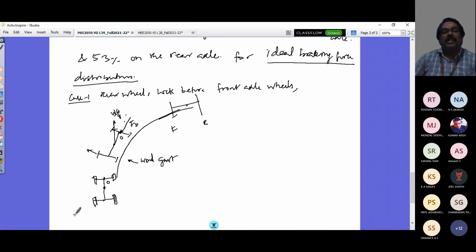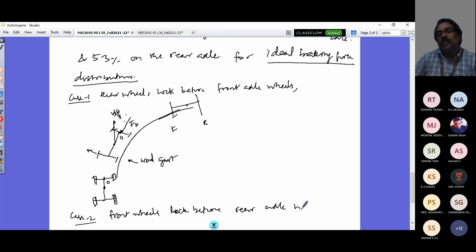So on the other hand, case 2, front wheels lock before rear axle wheels. What would happen at that time? The yaw center would get shifted onto the rear axle, and here you do not have sufficient force to resist its motion.